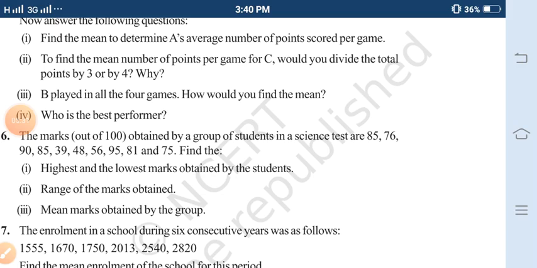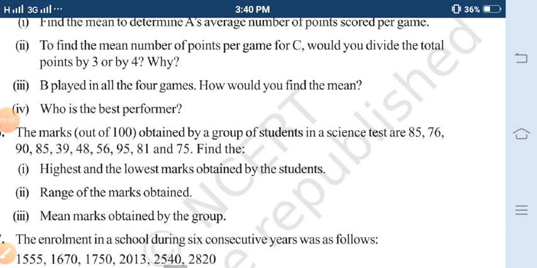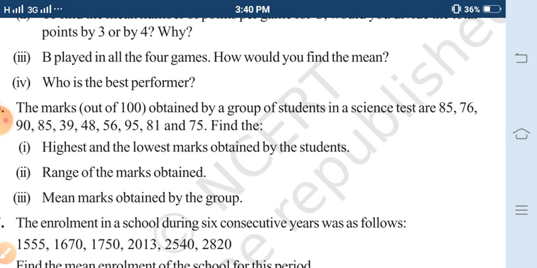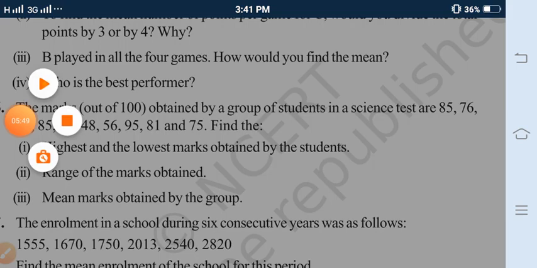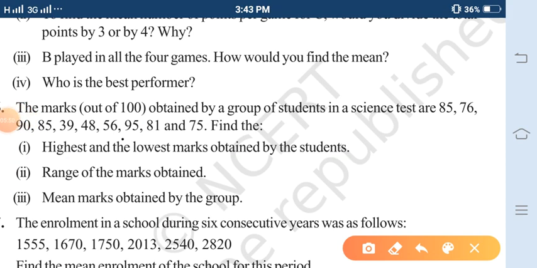So students, your sixth question. The marks out of 100 obtained by a group of students in a science test are given. Students, in the first part you have to find the highest and the lowest marks only. As you can see, the highest value is 95 and the lowest value is 39.